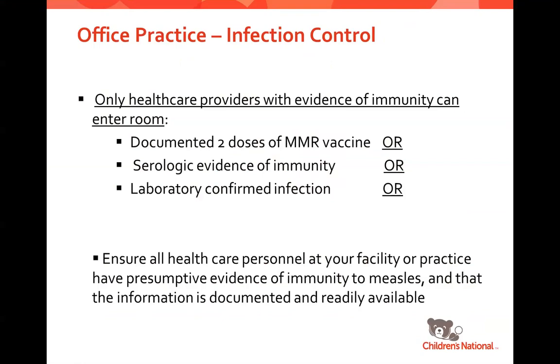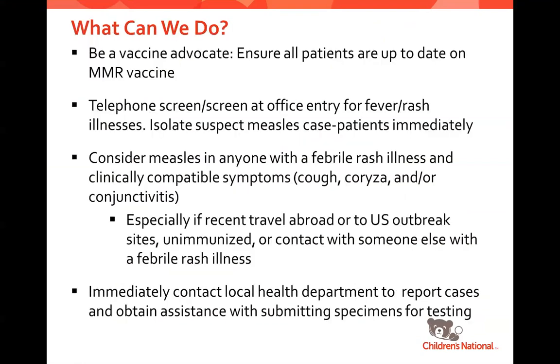If an individual needs another dose or 2 doses of MMR vaccine to show that they're immune, that should be done now, or if they need testing because we don't have documentation, so we need serologic evidence, that should be done as soon as possible, before we're, hopefully it won't be, but in an outbreak setting in our region.